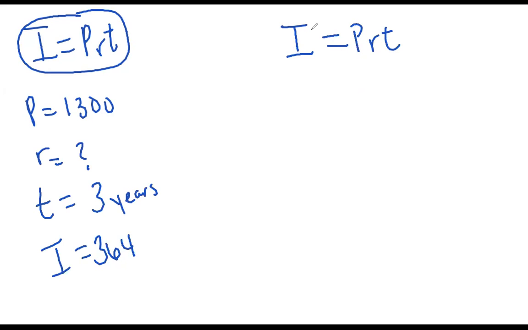But I'm not looking for the I anymore. I want to find the R. So what do I need to do? So that's the rate. So what do you normally do when you want to make sure that... divide. Good?